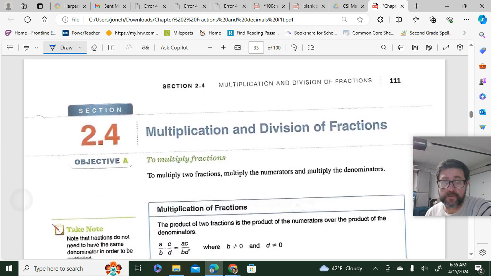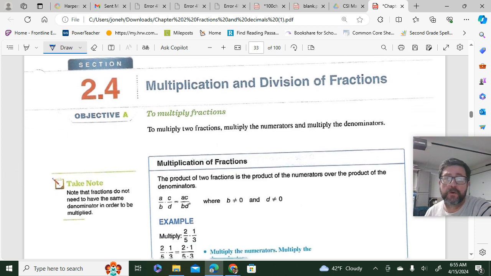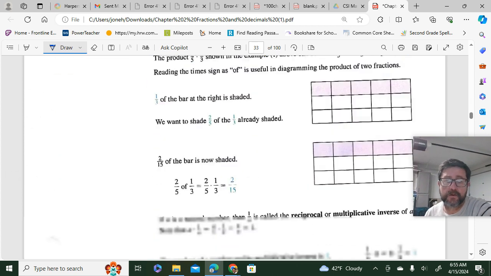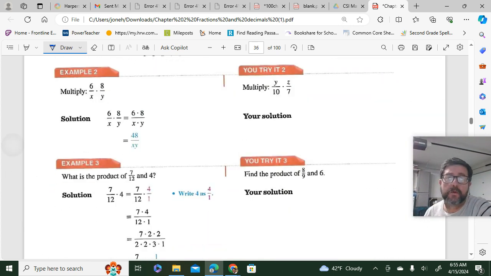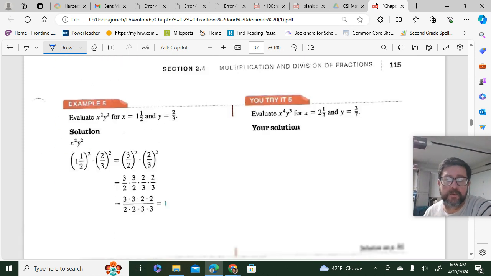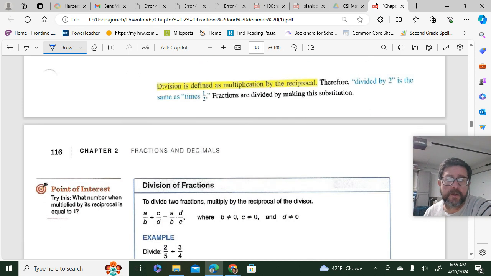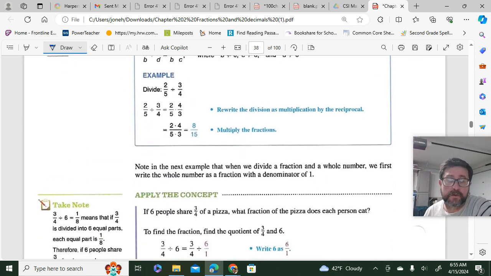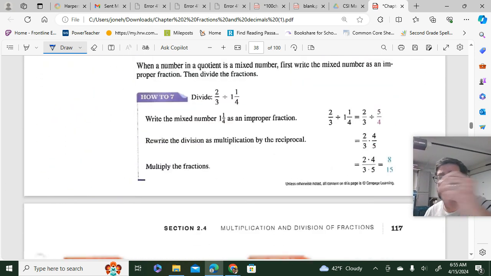Now, we're on to 2.4 right now. Let's see, how many more pages do we have? We're on 38 of 100, so they probably have more for us to do. I'm going to give you a spoiler. You can multiply the same way.